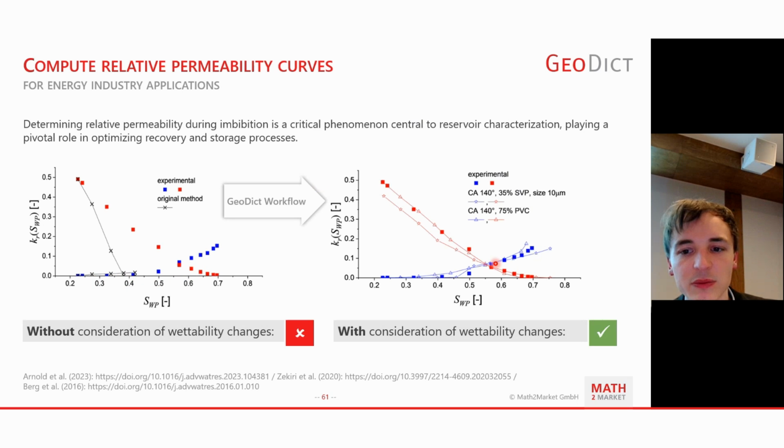Now, by considering these wettability changes, you can see that in the case of using the stochastic and the deterministic approach, we have quite a good match with experiment if we consider these mixed wettability approaches we are using in GeoDict.